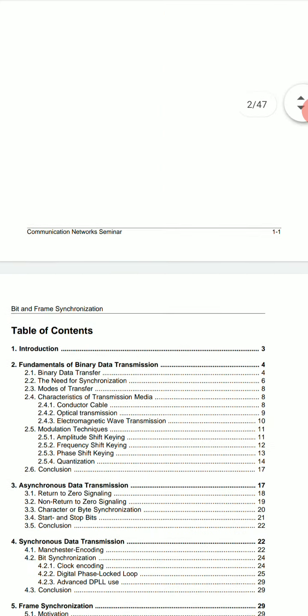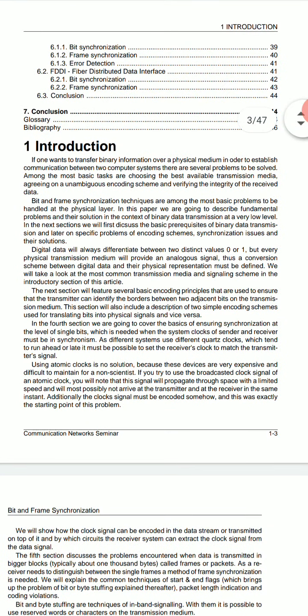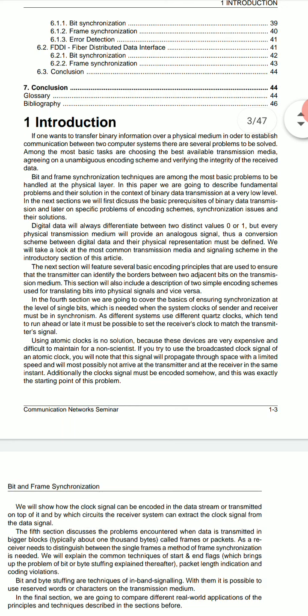So here we will see, if we want to transfer binary digital information over a physical medium in order to make communication between two computer systems, there are several problems to be solved.